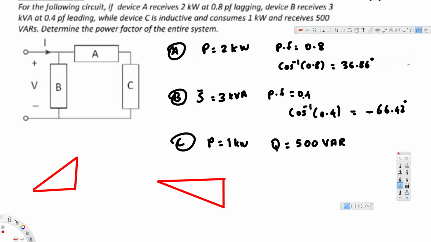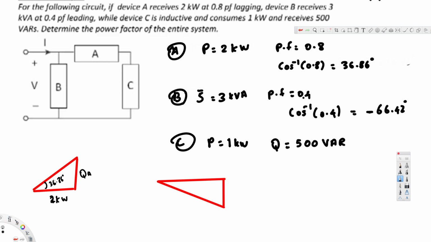Now we know the angle, we calculated the angle. For the first one the angle was 36.86 degrees, and we have the P value. P value should be here, 2 kilowatts, and we have to calculate the Q value. To calculate Q value you can use tan theta, because tan is opposite over adjacent.